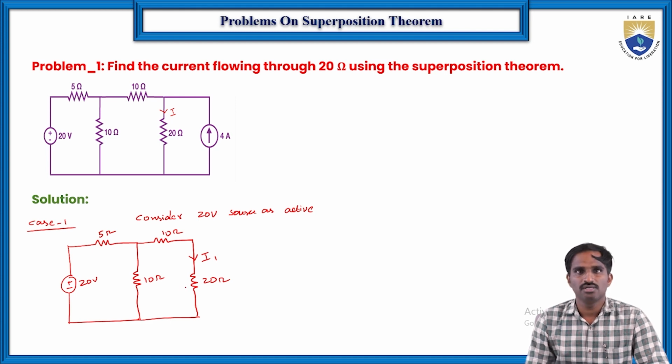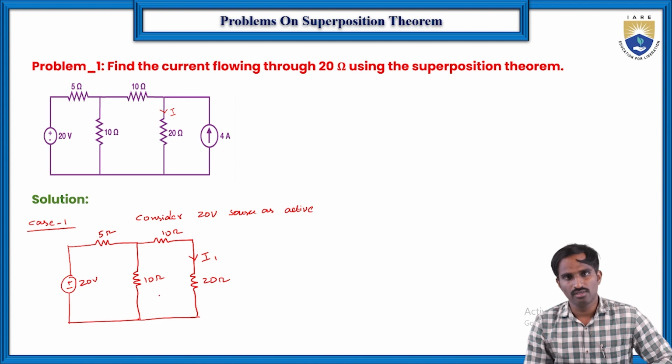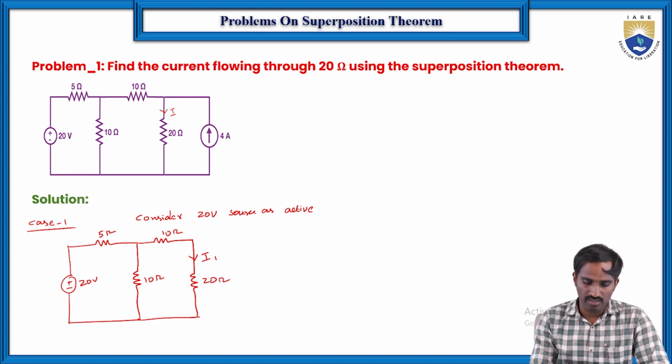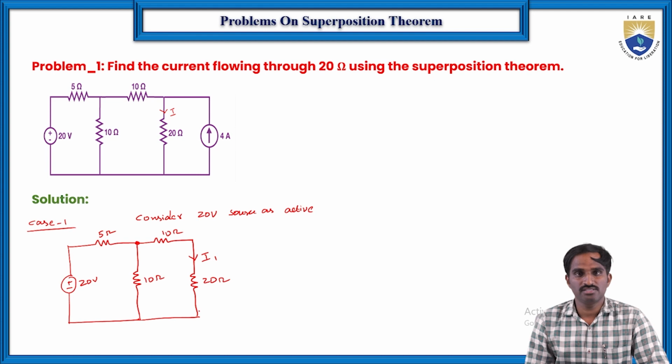Another is by applying loop analysis, and another is by applying nodal analysis. Here I am applying nodal analysis, or simply KCL, for this particular network.